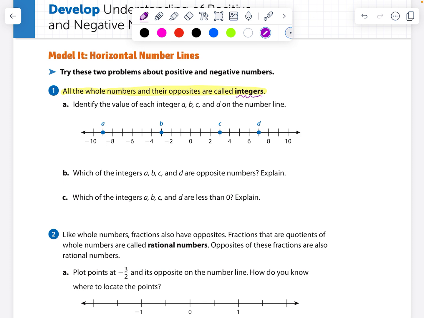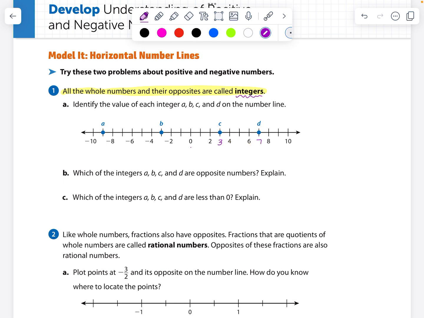So if we're starting at 0, this would be 1, 2, 3, 4, 5, 6, 7.